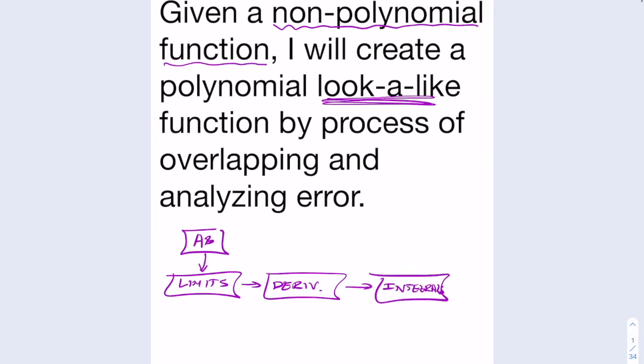Now BC has those three elements, okay? And then they sprinkle in some BC concepts. So we're still going to revisit limits, derivatives, and integrals with the BC lens.